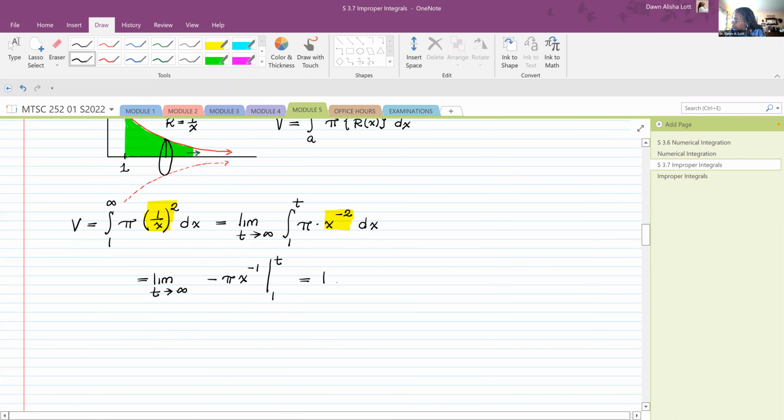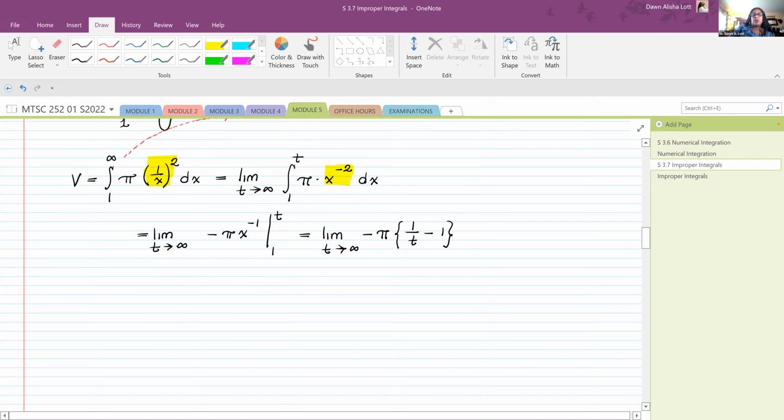So that's the limit as t approaches infinity of negative pi times t to the -1, which is 1 over t, and 1 to the -1, which is 1. Okay, so somebody tell me something. What happens as t goes to infinity?